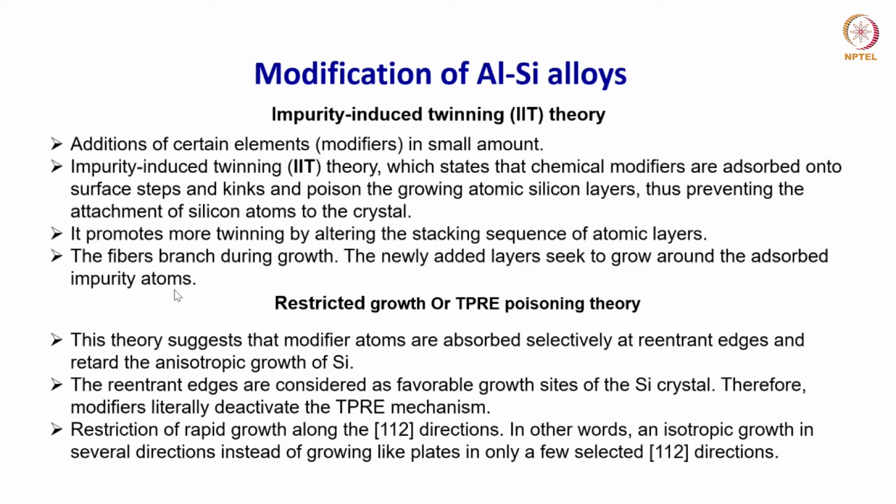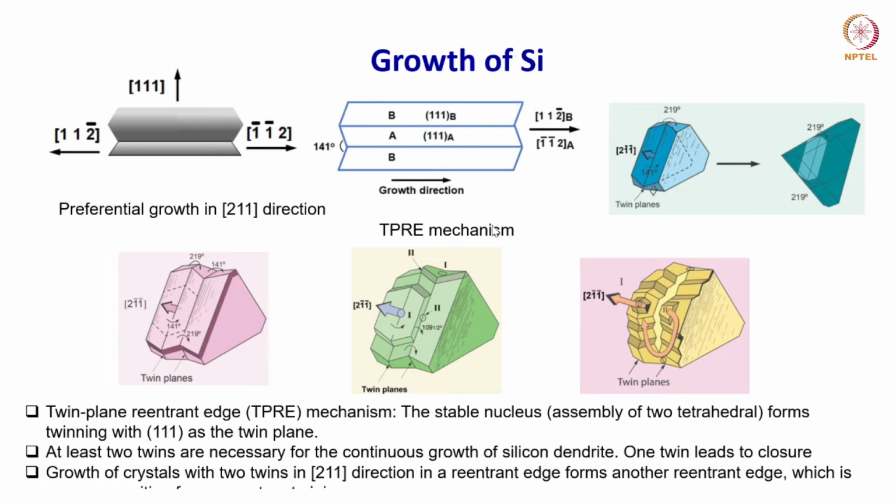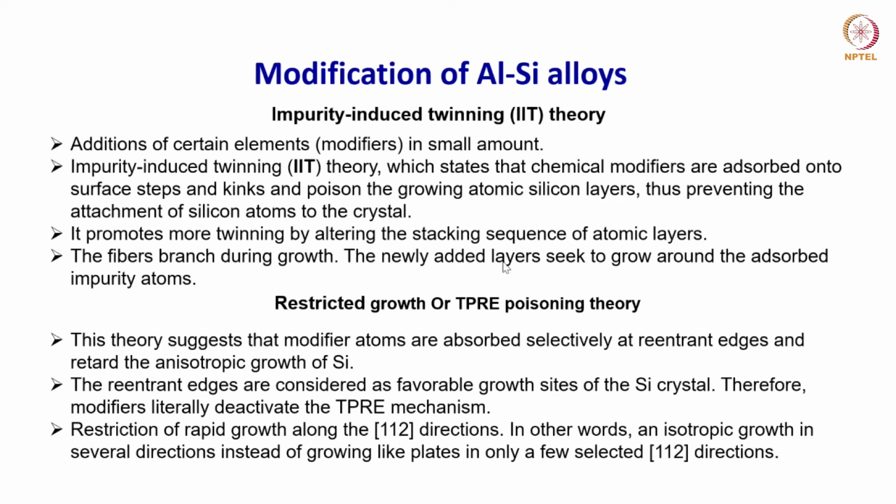So what it essentially means is that the layers which will grow now, when you have the presence of this kind of impurities, they will branch out, which means that they will tend to grow in other directions also, rather than growing in a particular direction as you would have seen before in this particular case. Okay, so that is how, by attaching to this kind of places on the surface and promoting more twinning, these impurity atoms will prevent the growth of the silicon crystals in a particular direction.